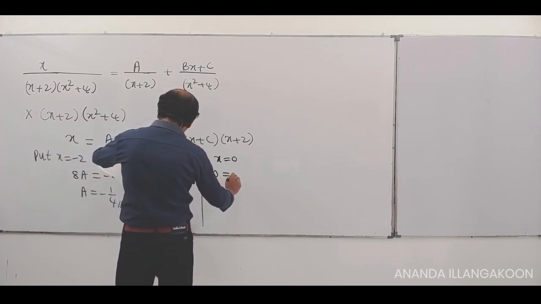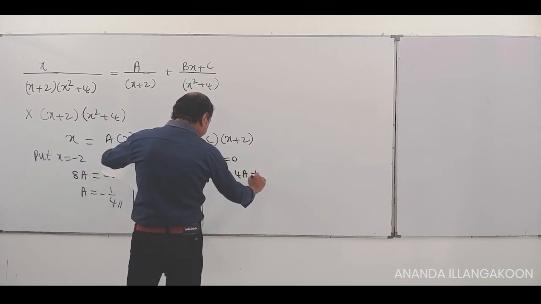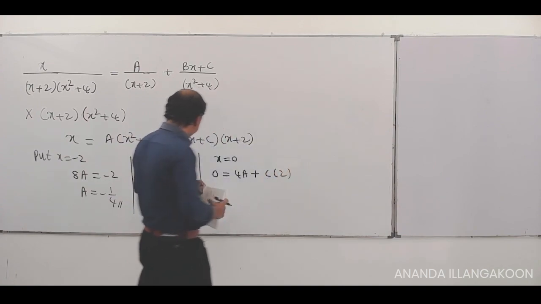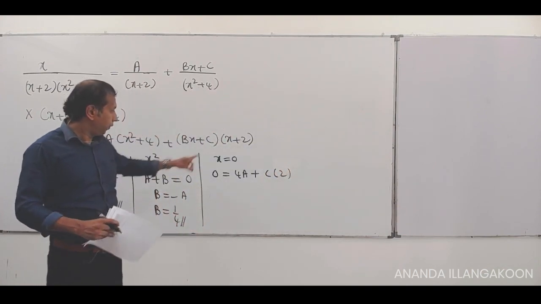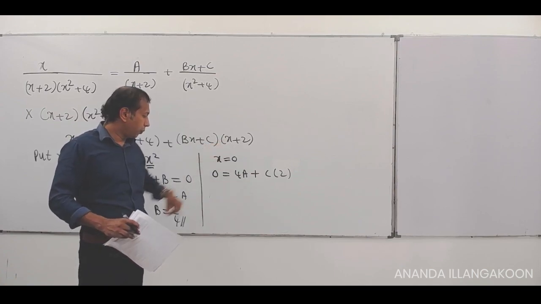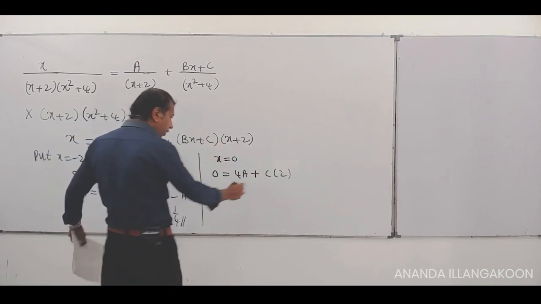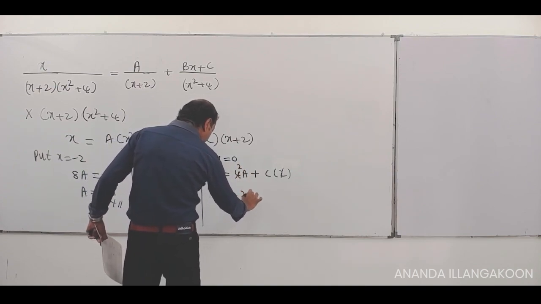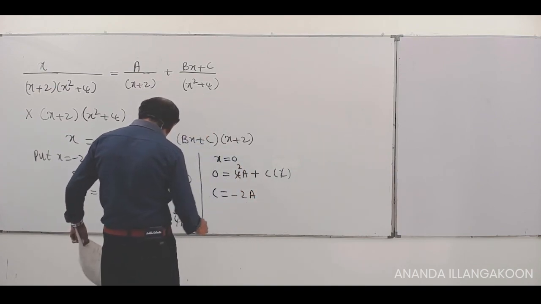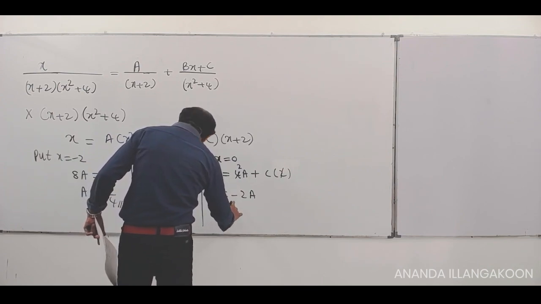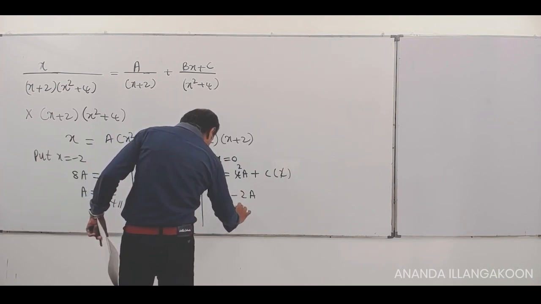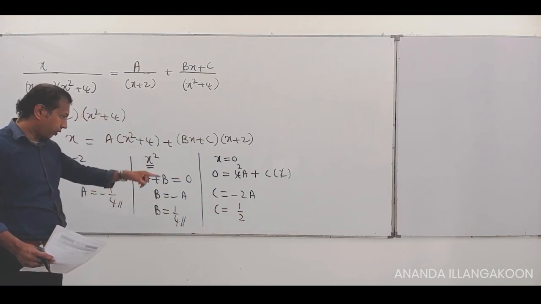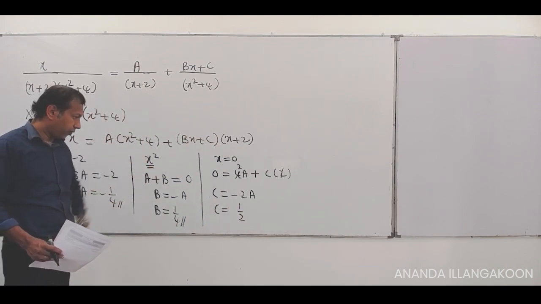Right hand side here 4a, here c into 2. When you put x equals 0, this bracket is c, this bracket is 2. Then we can cancel down by 2. C equals minus 2a. A is minus 1 upon 4, so c is plus half.